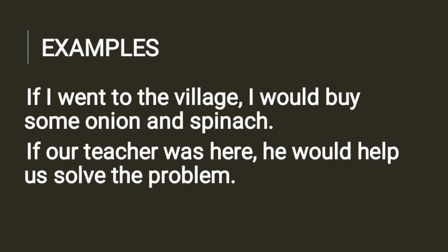We are supposed to have the past simple here. What is the past tense of go? It is went. So if I went to the village, the pattern says would plus verb. The verb that we have is buy. Do not tamper with the verb. Just add the verb and would. So if I went to the village, I would buy some onion and spinach.